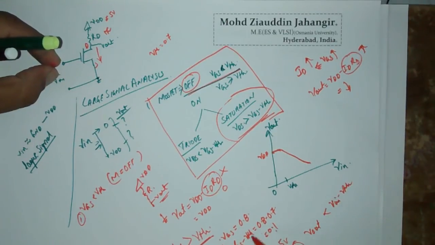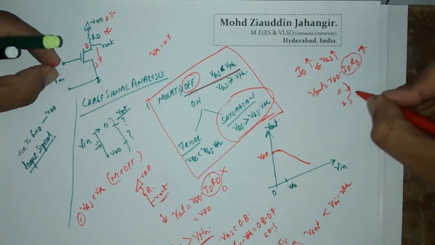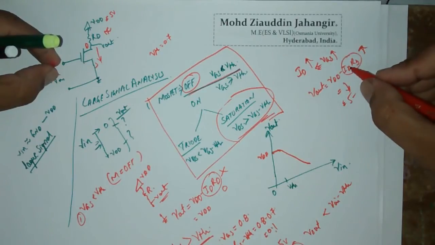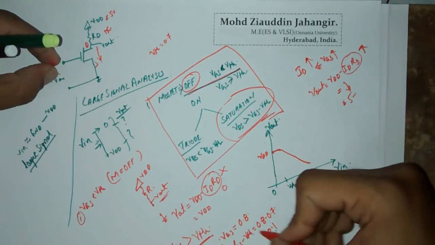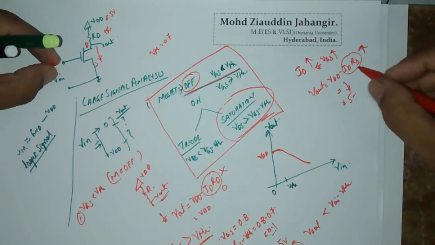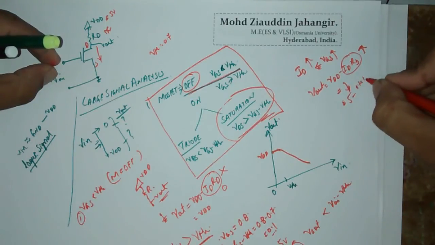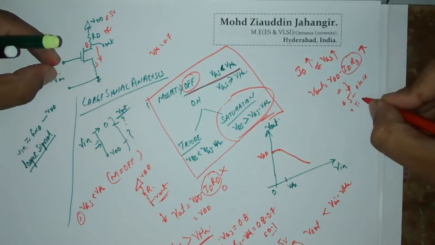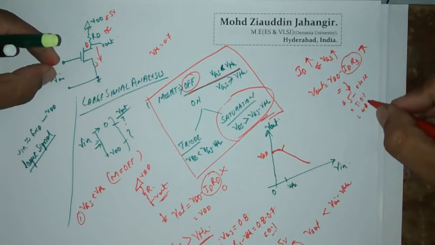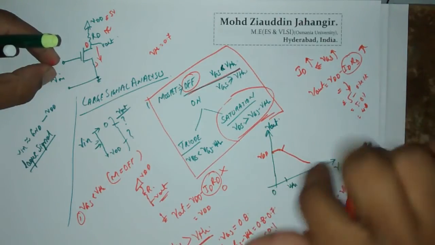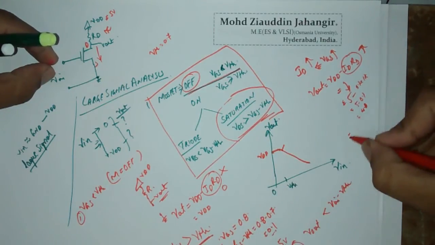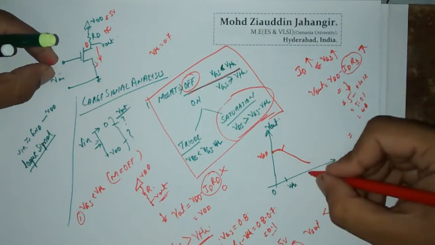So let us assume this is 5 volts, and for this case ID was around 0.1 milli, and if I assume a 1 kilo resistor, you will get 5 minus 0.1, 4.8 here.